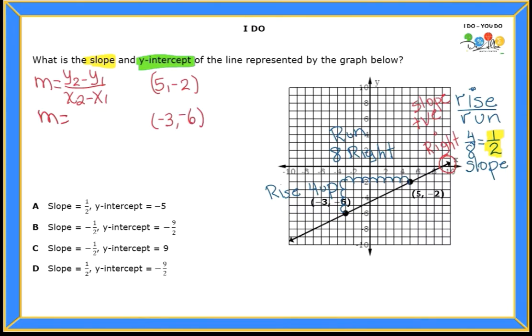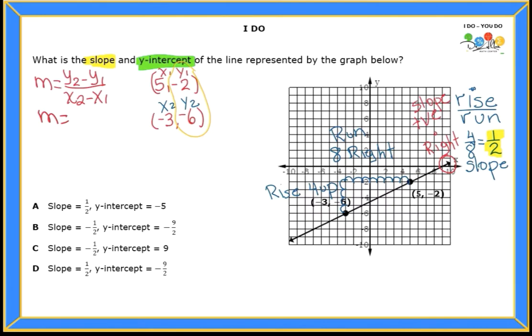And I want you to write labels here. So my labels will be x sub 1 and y sub 1, because that's my first point. These will be x sub 2 and y sub 2, because that's my second point. I'm going to ask you to circle the y coordinates, because those will go on my numerator.